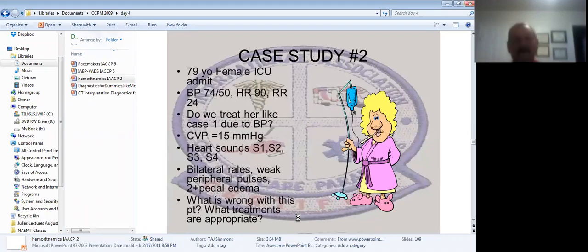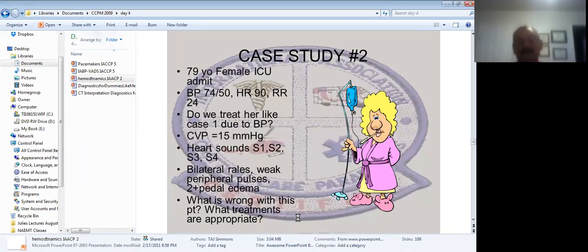On the other hand, a 79-year-old with a 74/50 with a heart rate of 90, respiratory rate of 24, and she has a CVP of 15. While we know that a CVP of 1 in the previous case study is really very low, a CVP of 15 is not very low. It's actually high, isn't it? And she has all kinds of heart gallops here, bilateral rales, weak peripheral pulses with 2+ pitting edema.